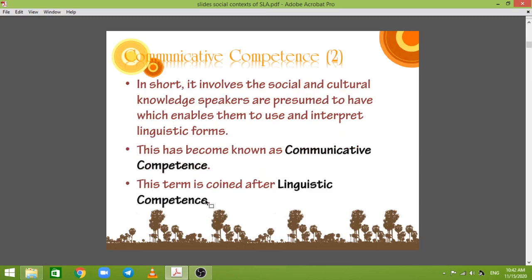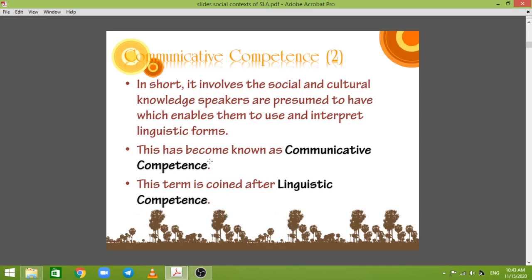In short, communicative competence does involve the social and cultural knowledge a speaker is presumed to have, which enables them to use and interpret linguistic form.